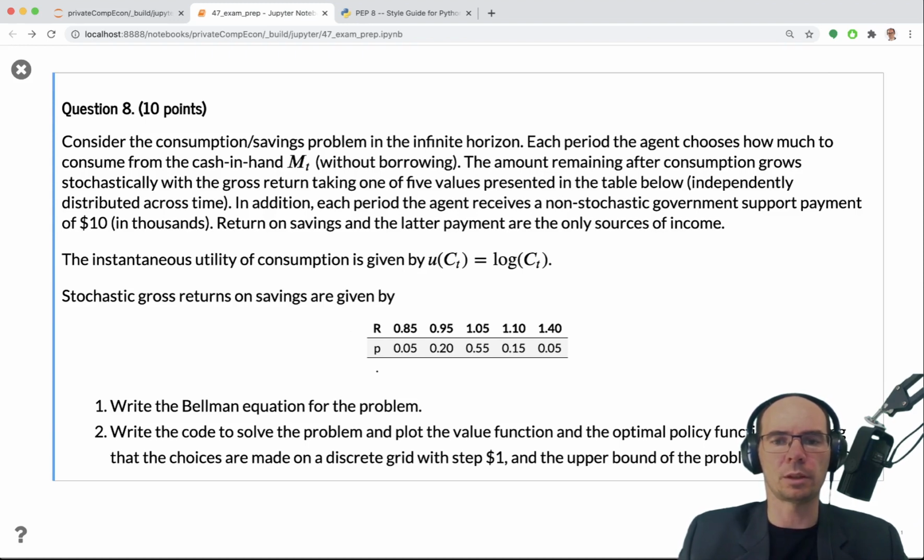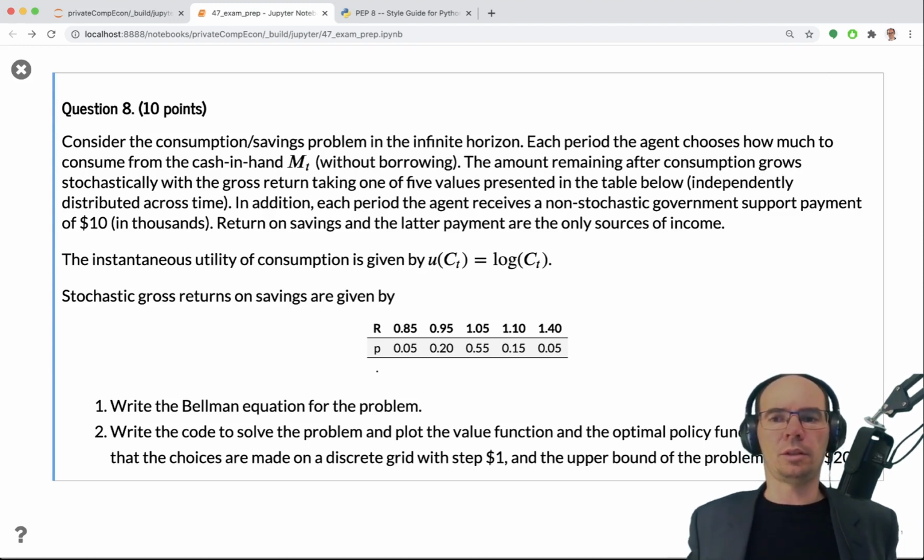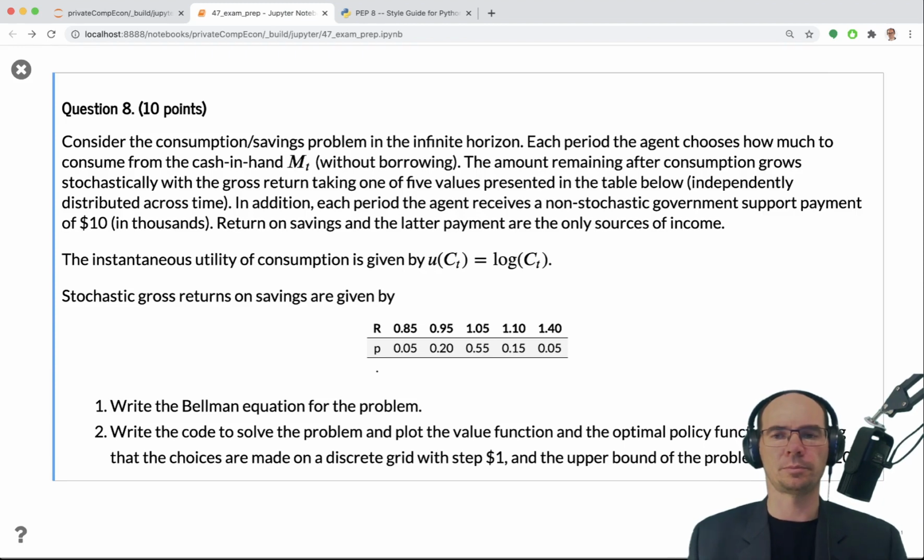Interesting. So here you have to do a little bit of thinking and realize that when random income in the models that we've worked with was a continuous random variable, we had to calculate the integral of the next period value, right? We had to calculate the expectation of the value function.